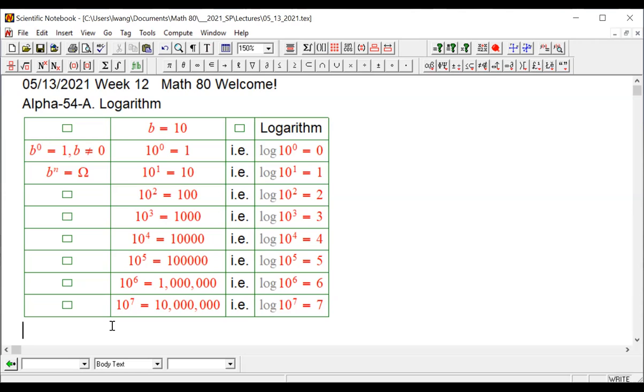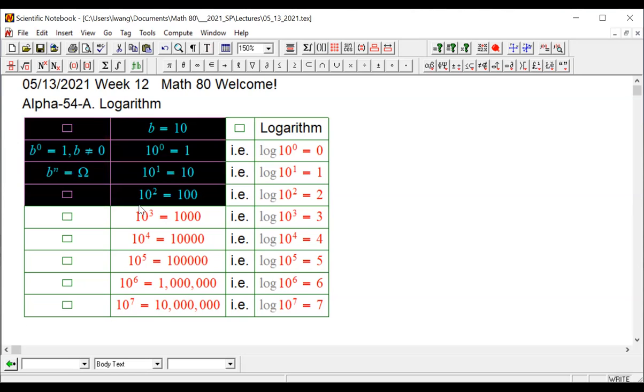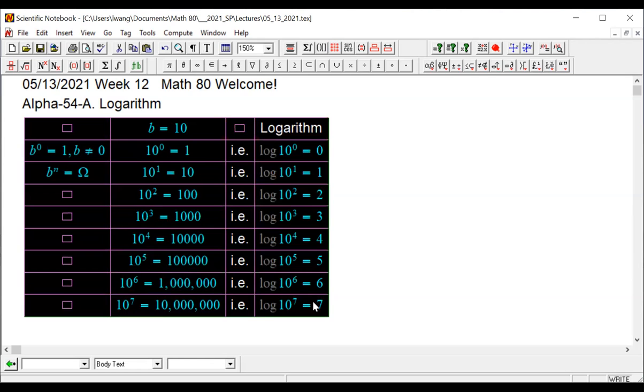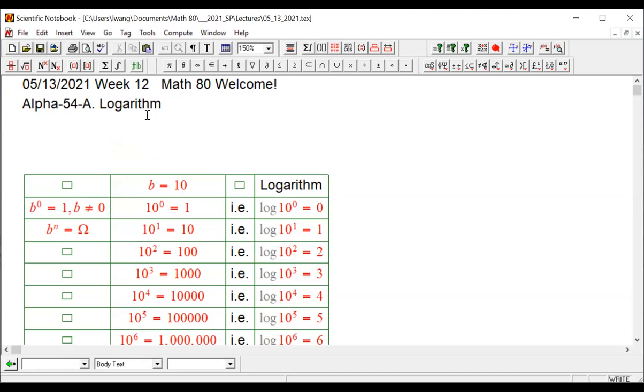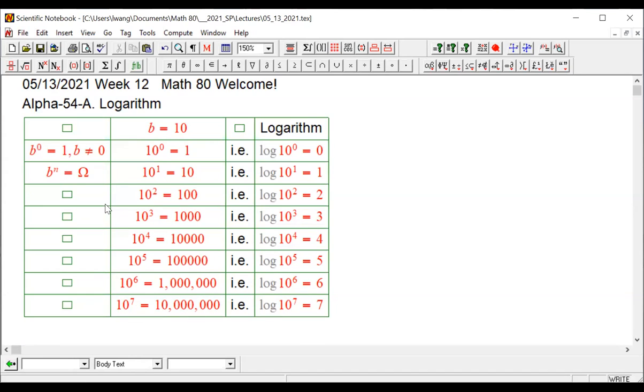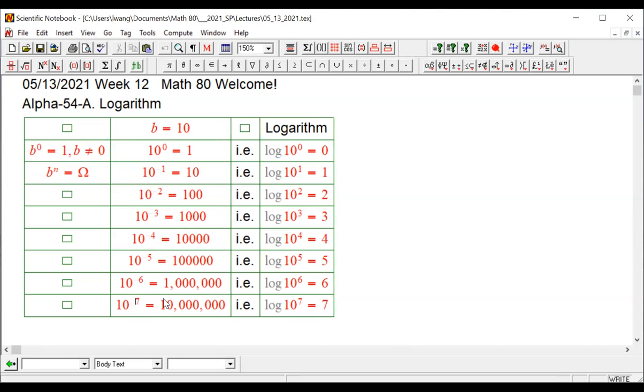So now, I want you guys to look at some negative powers. So this is going to turn into -1, -2, -3, -4, -5, -6, -7.